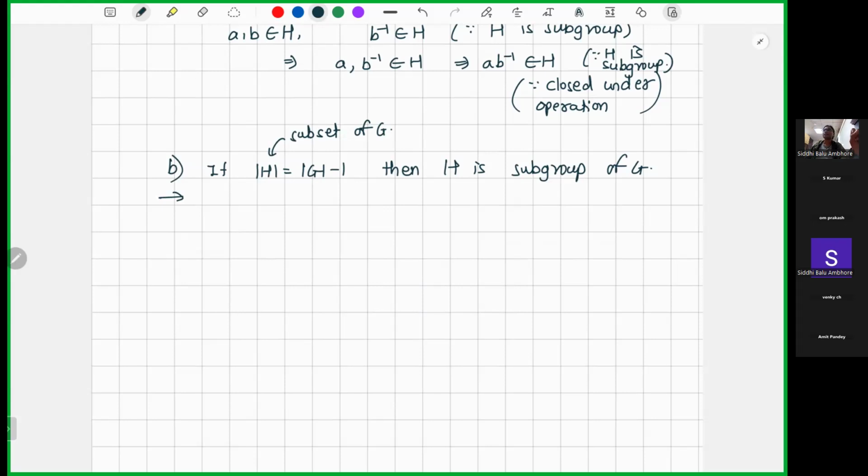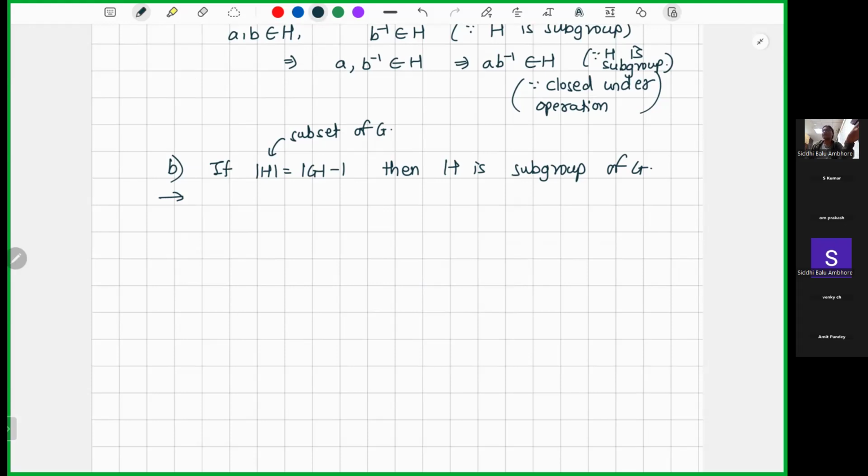Any guess? Not true. As suggested by someone, Kumar, that it's not true. So can we give one counterexample?